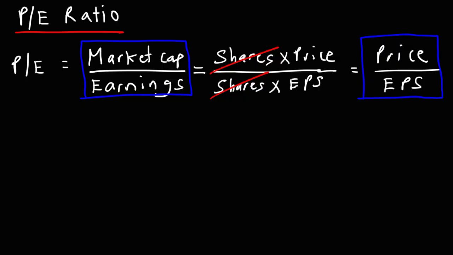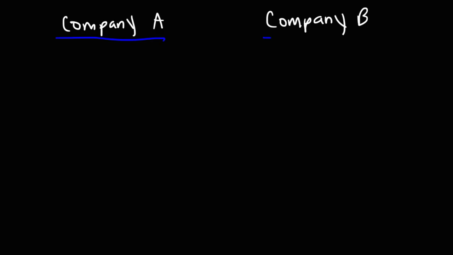So let's use an example. Let's say we have company A and company B. Let's say that the share price of company A is, let's say, $40, and company B, the share price is going to be the same, 40.